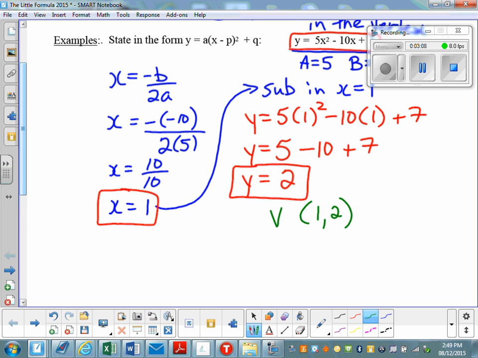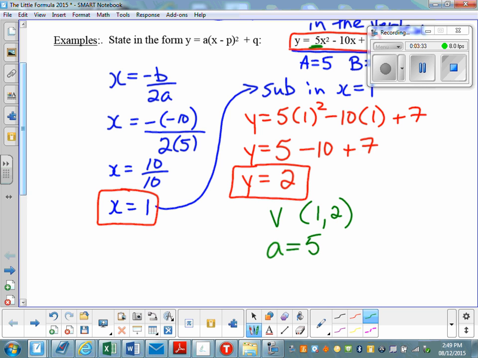Well, sorry, the other thing that I actually need, that's information that I can get afterwards. But the other value I need is the a value. And the a value is the same a value in standard form as it is in vertex form. So a is equal to 5.